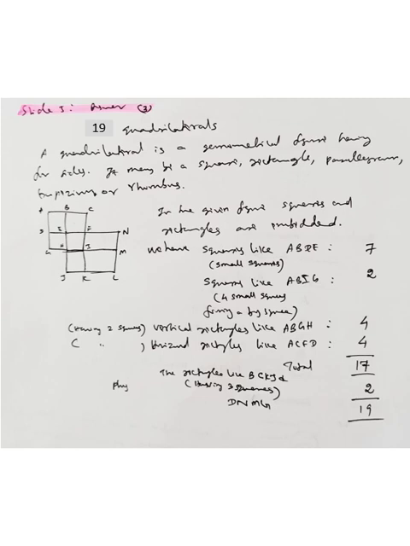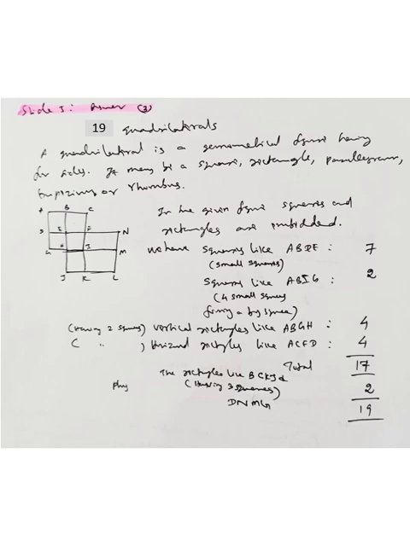Therefore, we don't have 8 single squares, only 7 single squares. Then we have squares like ABIG, that is a bigger square comprising 4 small squares, 2 in number.